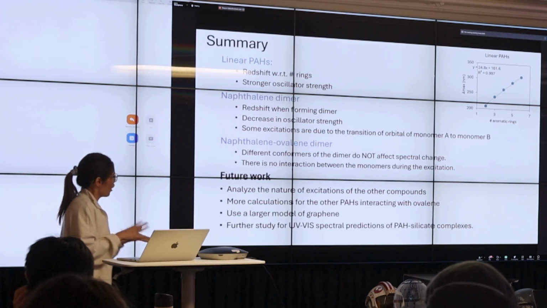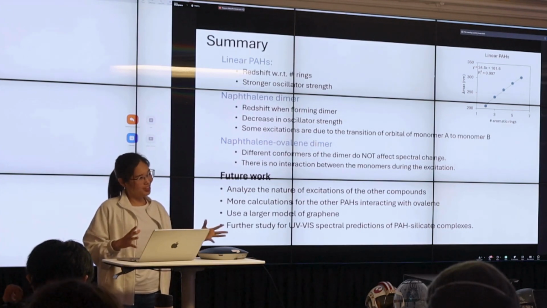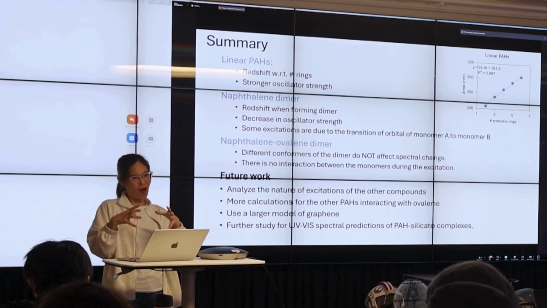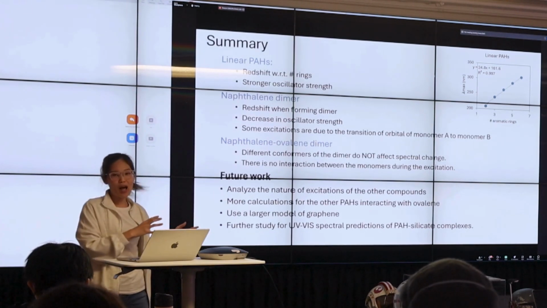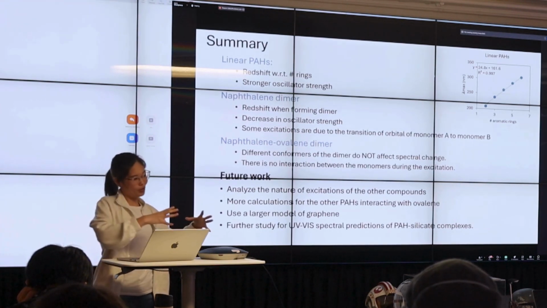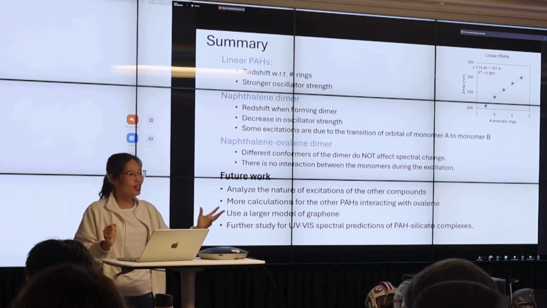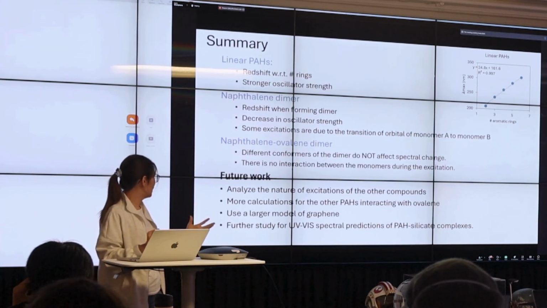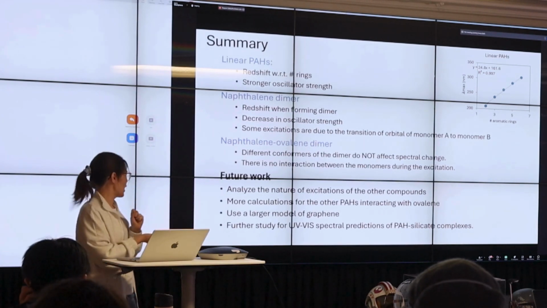But as I mentioned, graphene is huge and I chose a very small model to represent it. The next step is to expand my toy model to represent a bigger graphene sheet to see if there are any interactions between the PAH and the naphthalene.